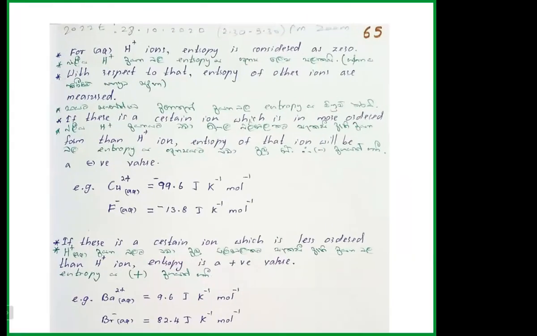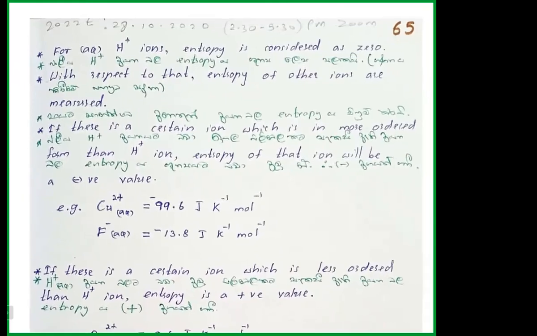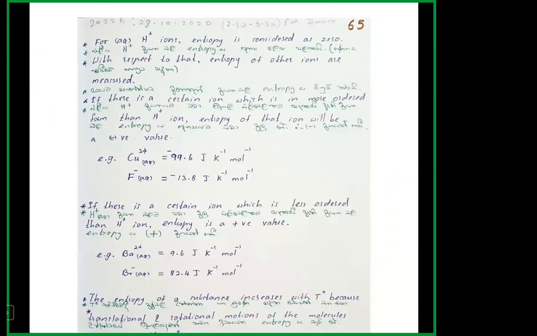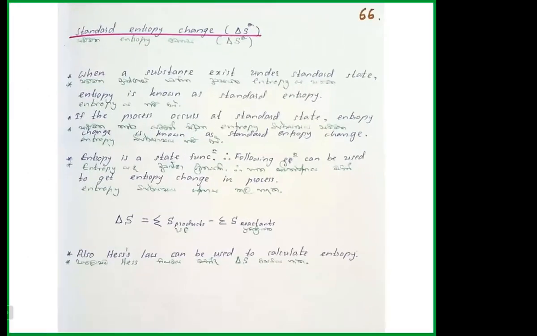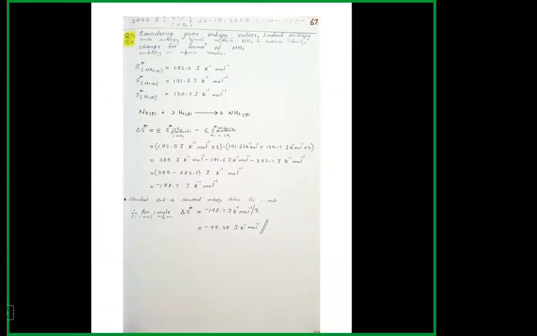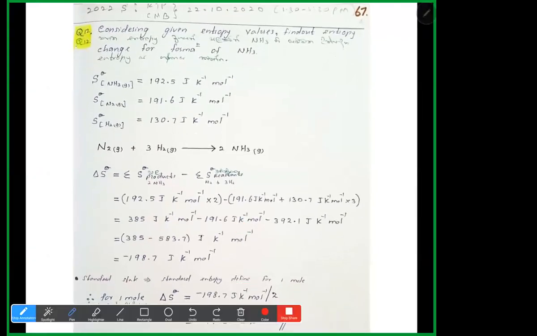Unlike enthalpy, there is no zero entropy for whatever the compound, unless it is in the perfect crystalline solid state. So for the liquid form, again, there are entropies that we define with respect to aqueous H plus mobility. We didn't understand. As a state function, we can calculate entropy very easily. So for this given question, you can calculate entropy very easily for this reaction.